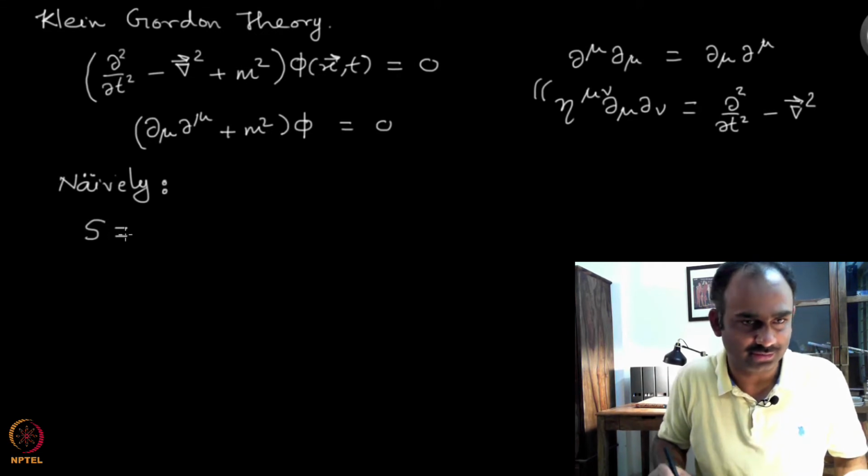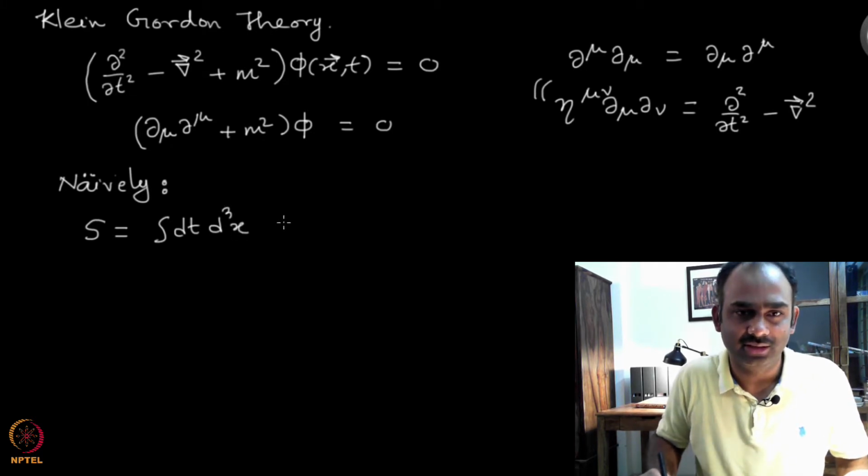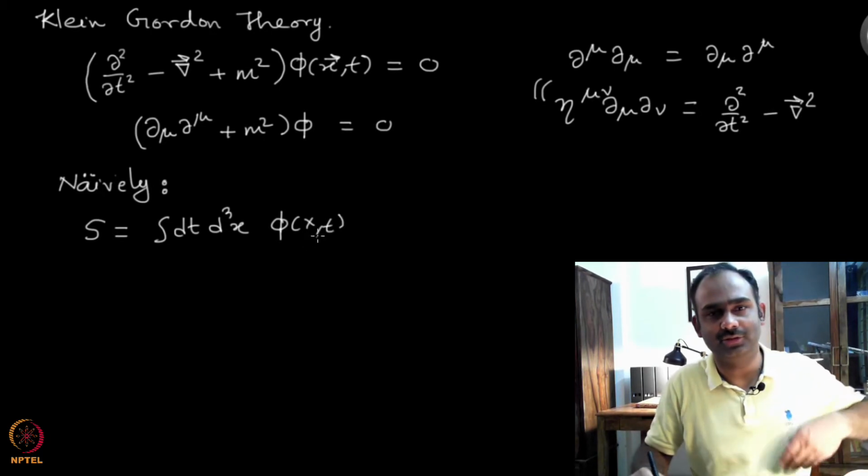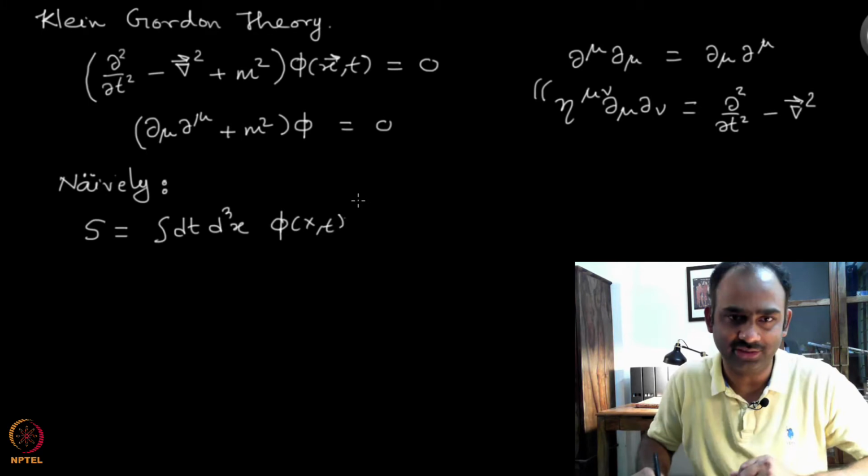I take the action to be the integral of dt d cube x, then phi(x, t), taking the theory to be that of real scalar fields.